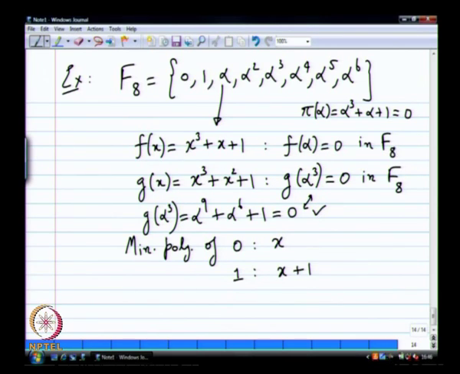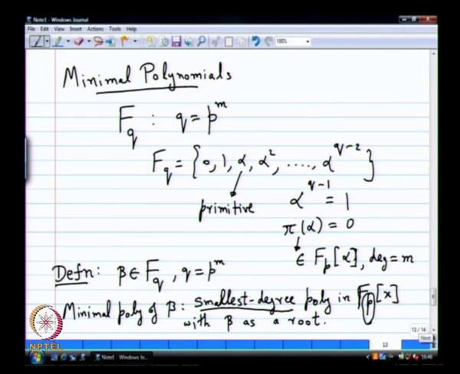But the other thing I want to quickly point out, before we proceed, maybe I will point it out later, but let us go back to this definition and make sure that this definition makes sense. What are the various things that are needed to make sure that this definition makes sense? I am saying minimal polynomial is the smallest degree polynomial in F_p[x] with beta as a root.